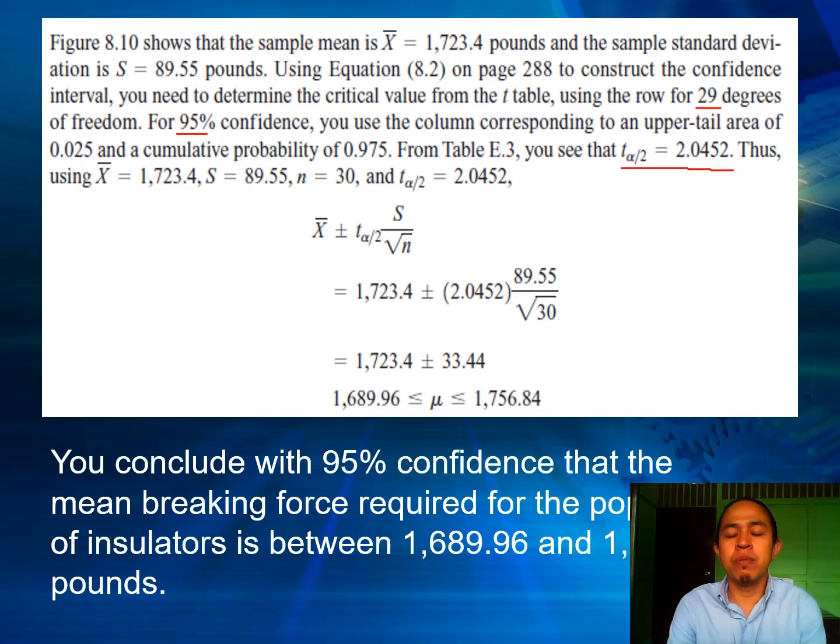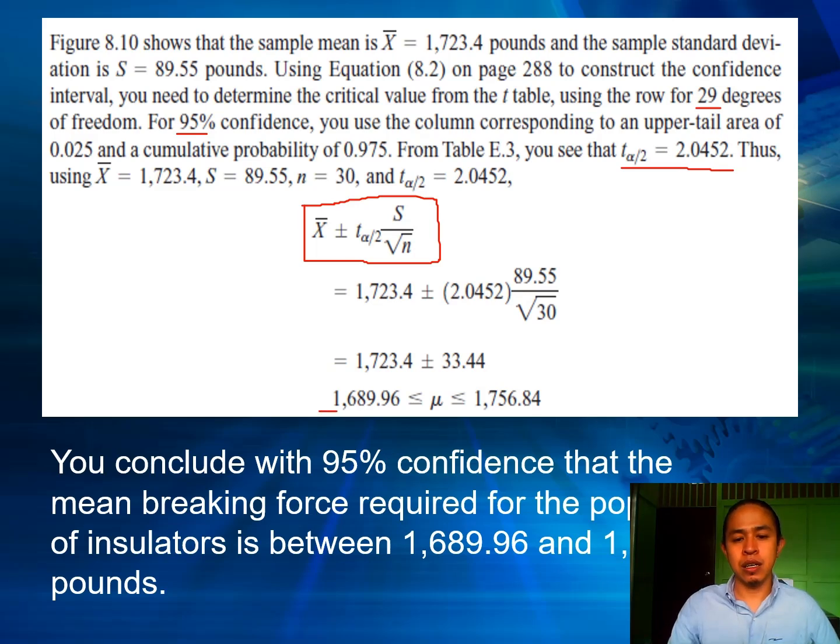After you have completed the necessary figures, you can use our formula in preparing a confidence interval estimate. And after doing our mathematics here, we come up with this confidence interval estimate.